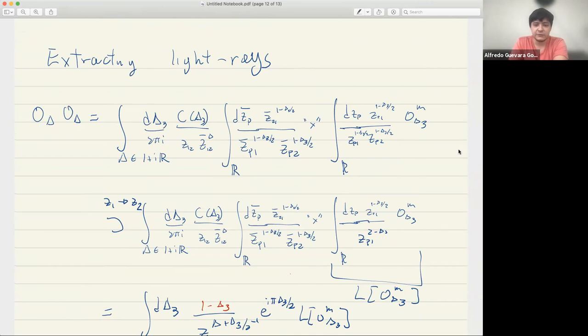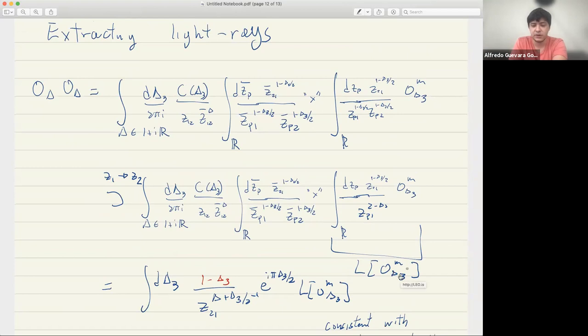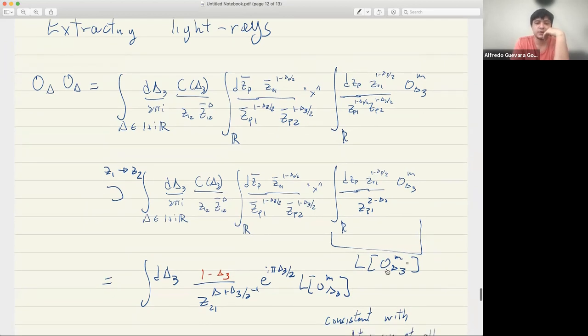So for instance, if we want to extract a light ray, which is the transform of this massive operator, we take the integration variable to be far from 1 and 2, and we can do that just by approximating in this block 1 goes to 2, and you can see that when you do that, both points converge and you get this factor here. So this is basically a light ray transform on the nose. You don't really have to do anything to get L of O here.